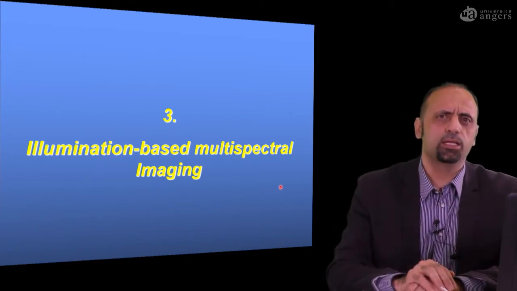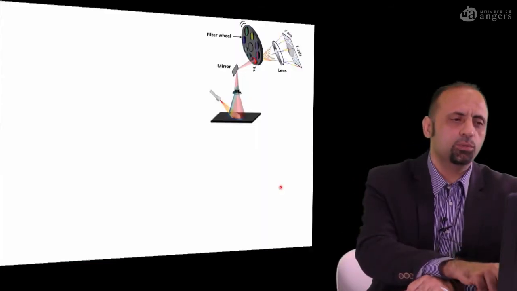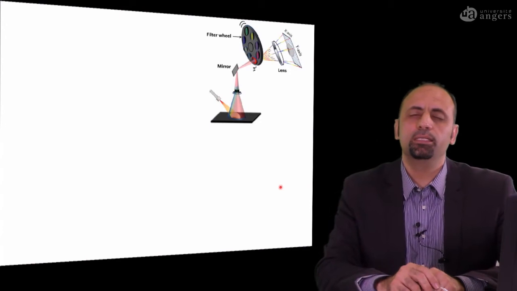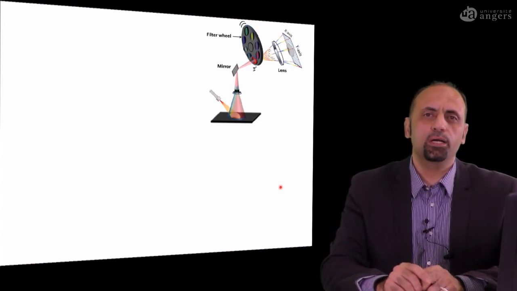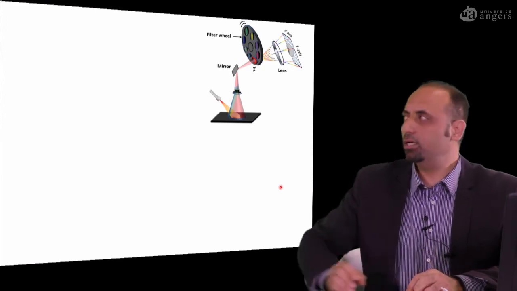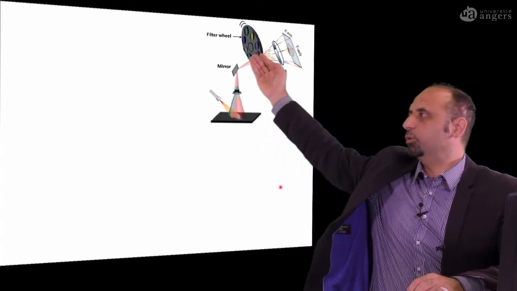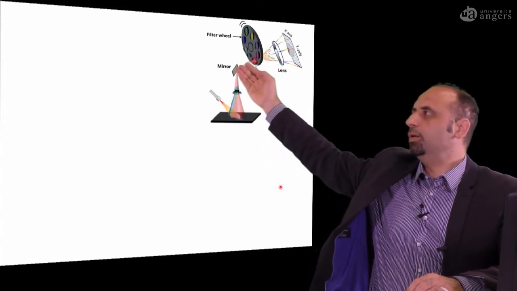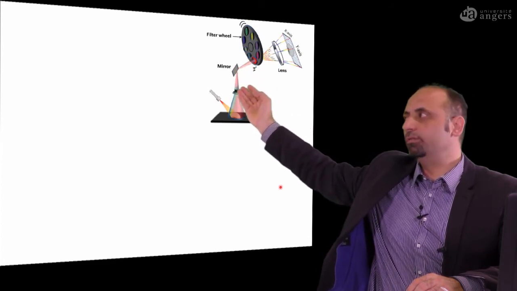Just to go back to the second session of this series of lectures, we spoke about area scanning or wavelength scanning to acquire multispectral imaging. And if you remember, in this scenario, we use light and then we use a filter wheel. The filter wheel is equipped with filters at different wavelengths.